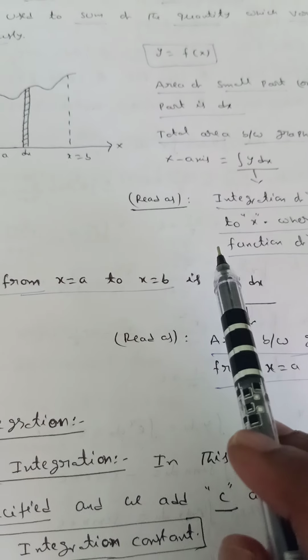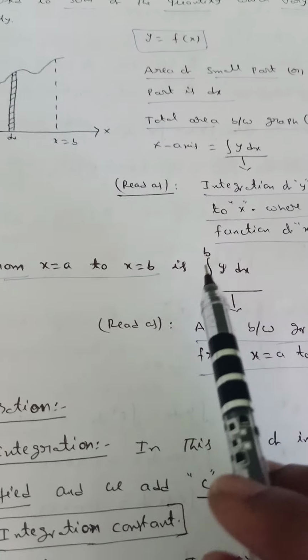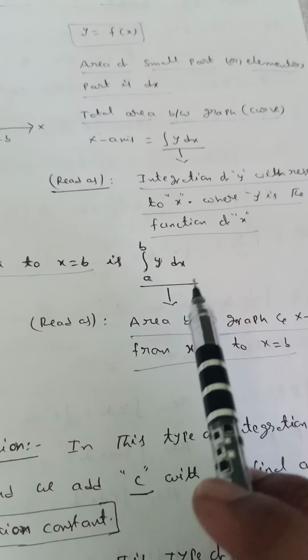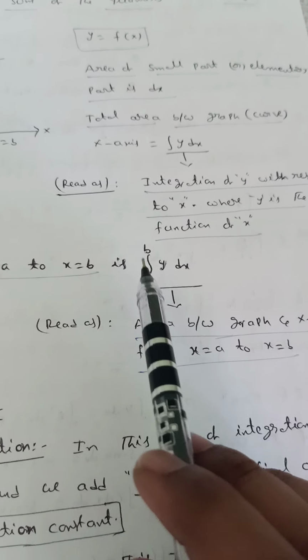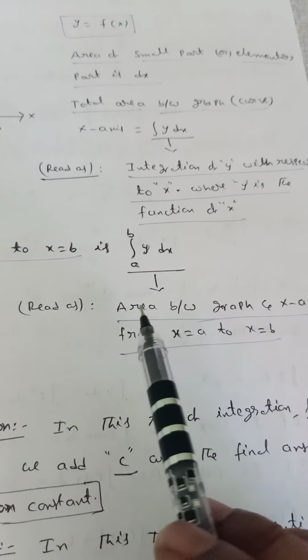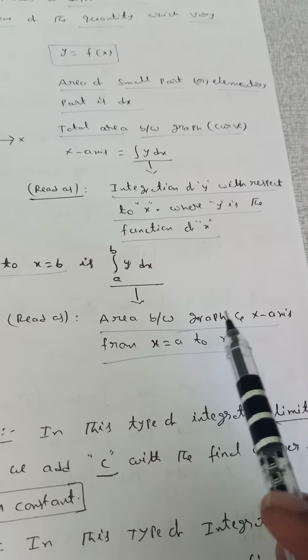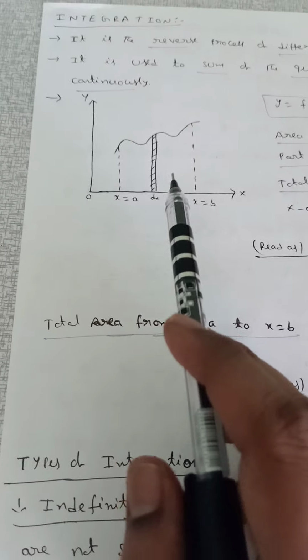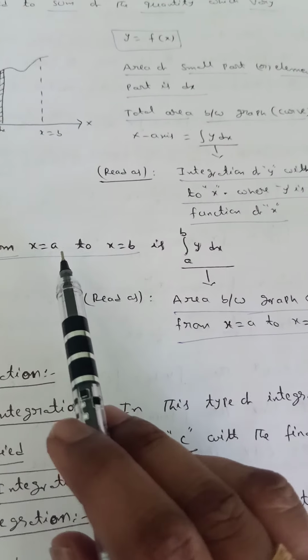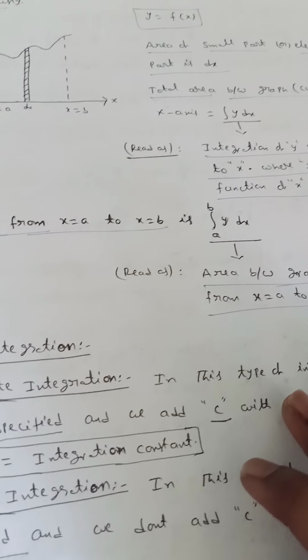A is the lower limit, b is the upper limit. It is read as the integral from a to b of y dx, the area between the graph and the x-axis from x equal to a to x equal to b.